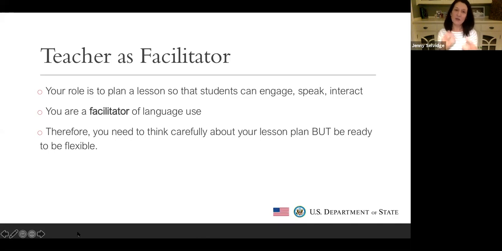So you need to be ready with your lesson plan and have it well thought out, but you also need to be ready to be flexible because this is student-centered. So based on what your students do in class and how well they perform, you need to be flexible and ready to change your plan. So you have to think and plan ahead of time, but be ready to change, which is not always easy.